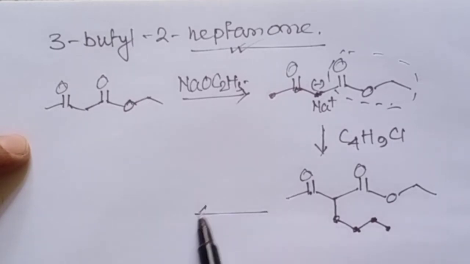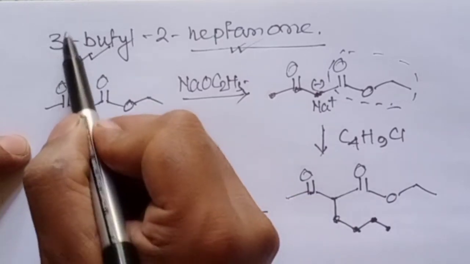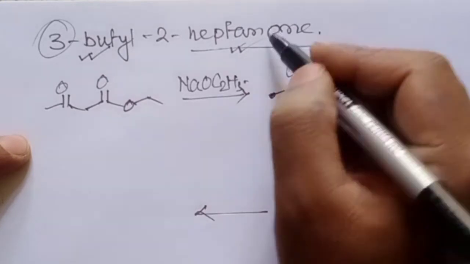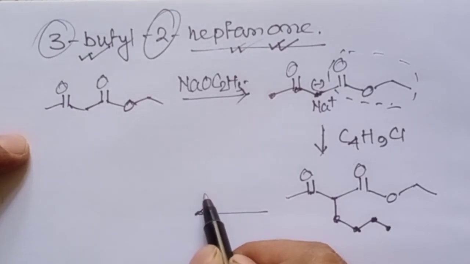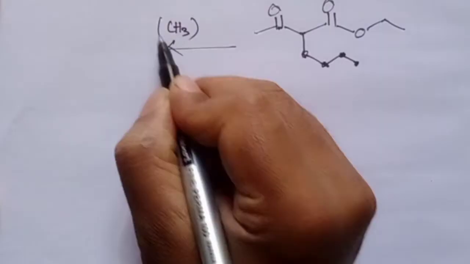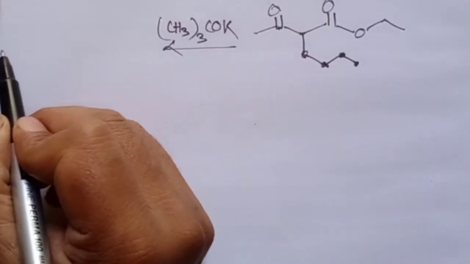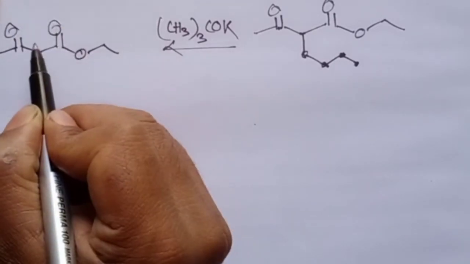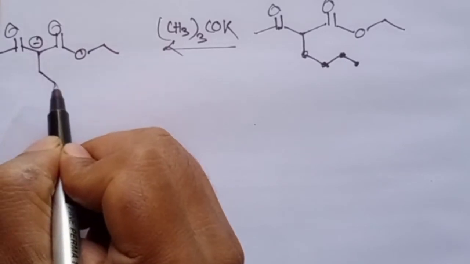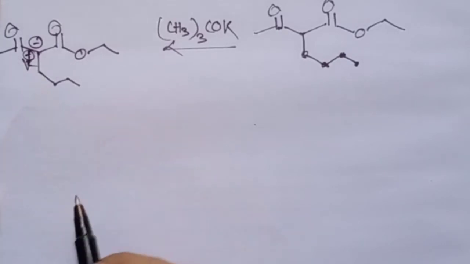Now here it is 3-butyl, so I have to make out 1, 2, 3. It will always be 3, remember, and the ketone will always be 2. Now I place tertiary butoxide, CH3 tertiary butoxide, which is COK. On applying tertiary butoxide, the product will be this one, with K plus here.